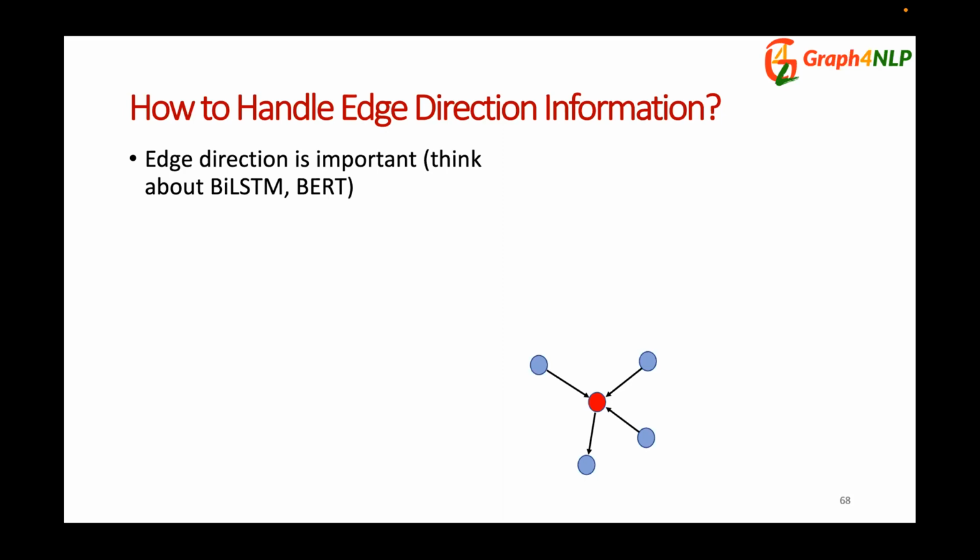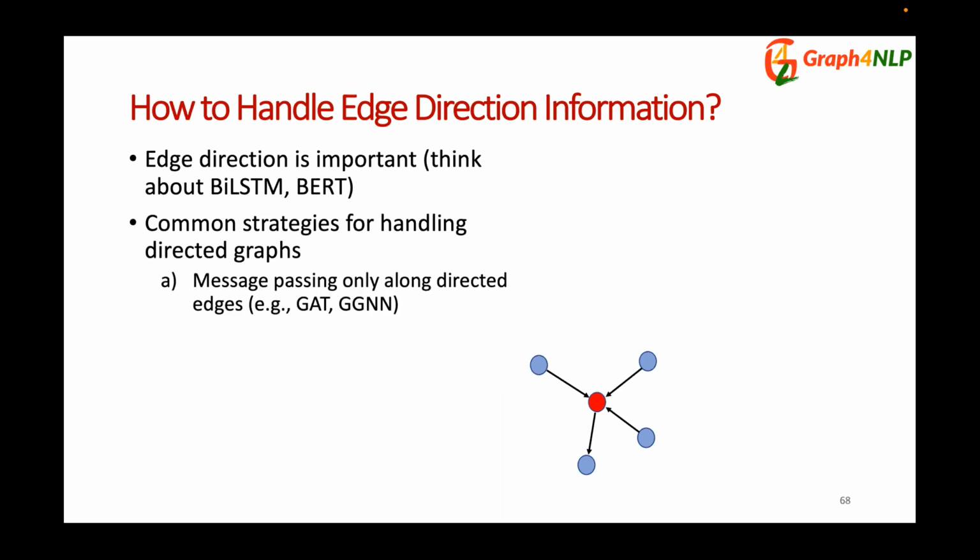Given a directed graph, we might not be able to directly apply some homogeneous GNNs, which leads to edge direction information loss. Common strategies for handling directed graphs include: one, message passing only along directed edges, but that's not ideal because we will lose the useful edge direction information.